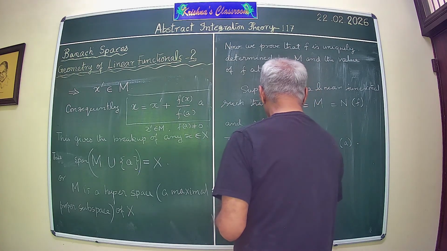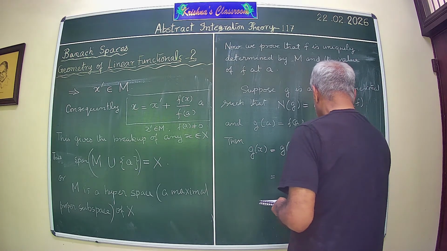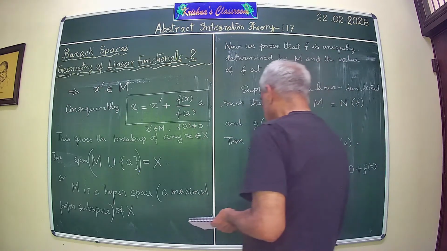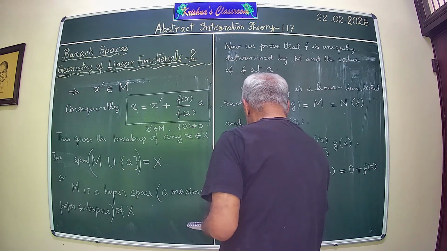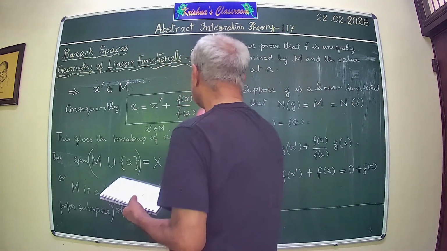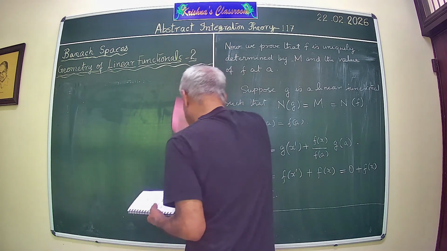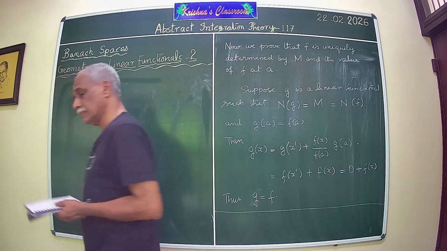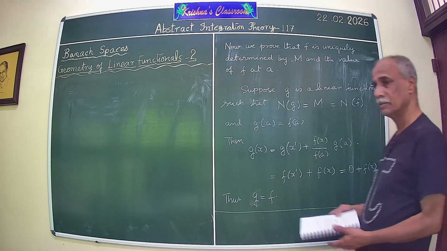Now this is equal to, which is equal to, this proves the uniqueness of the linear function, or proves that the linear function is completely determined by its null space and the value of f at some element not in the null space.